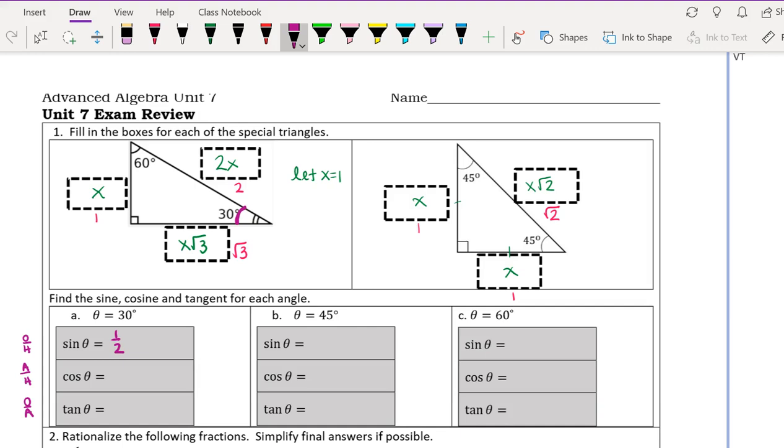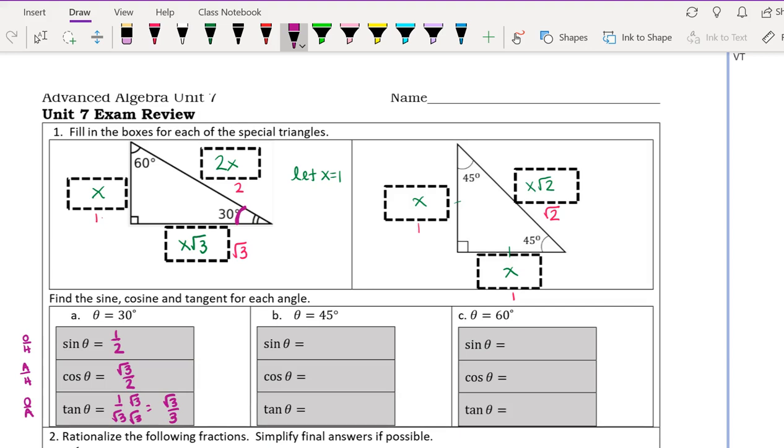The cosine of 30 is adjacent over hypotenuse, which is the square root of 3 over 2. And the tangent of theta is opposite over adjacent, 1 over root 3. We can't have a square root in the denominator, so we're going to rationalize it. So we get the square root of 3 over 3.